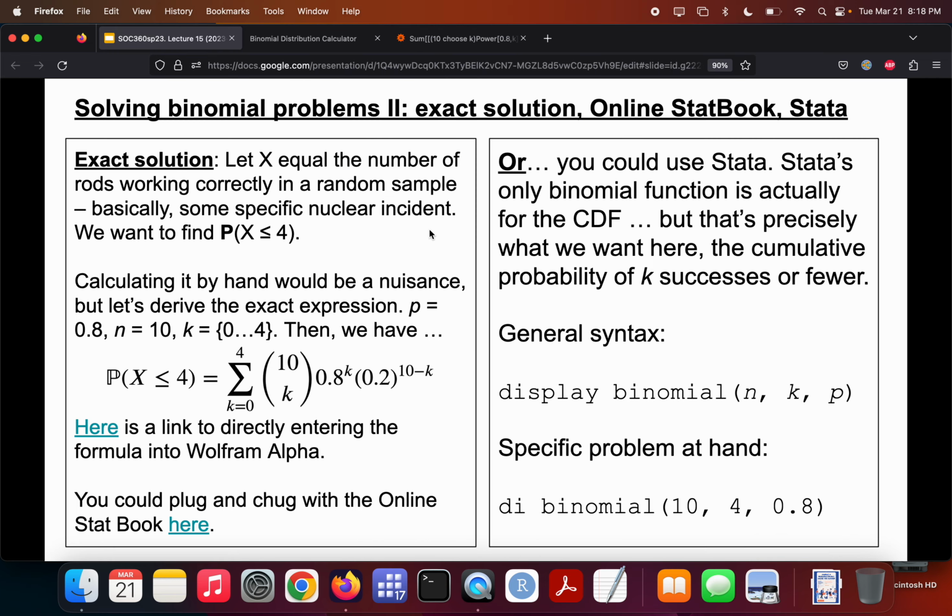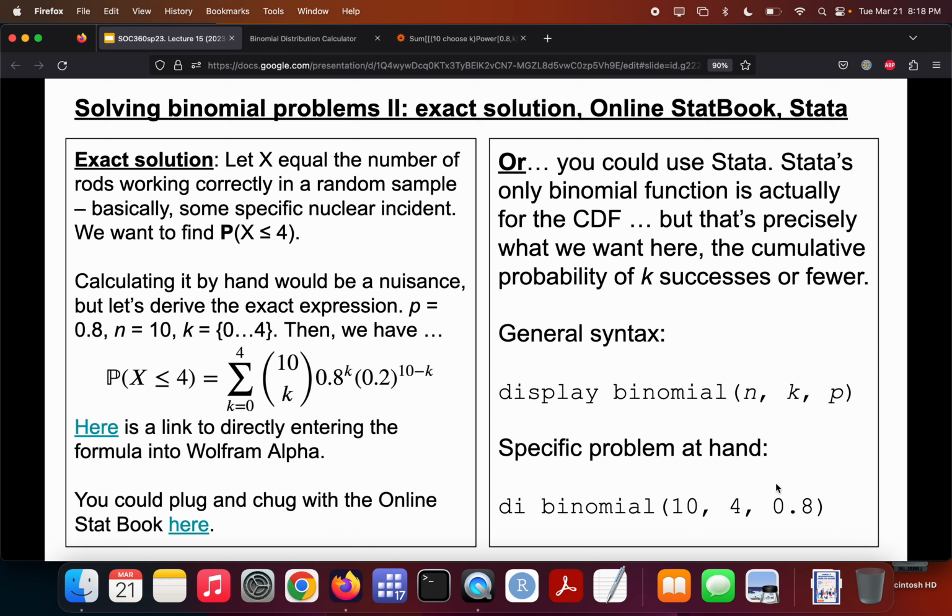Or you could use Stata. So Stata's only binomial function is actually for the CDF, but that's precisely what we want here, the cumulative probability of k successes or fewer. So the general syntax is this. It's display binomial NKP. And for the specific problem at hand, that would be display binomial 10, 4, 0.8. Remember, DI is just an abbreviation of display in Stata.